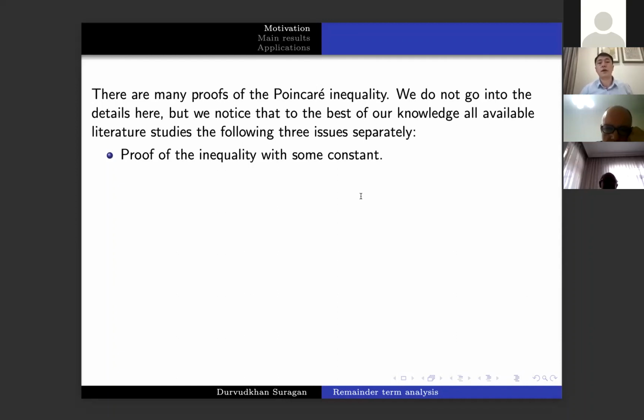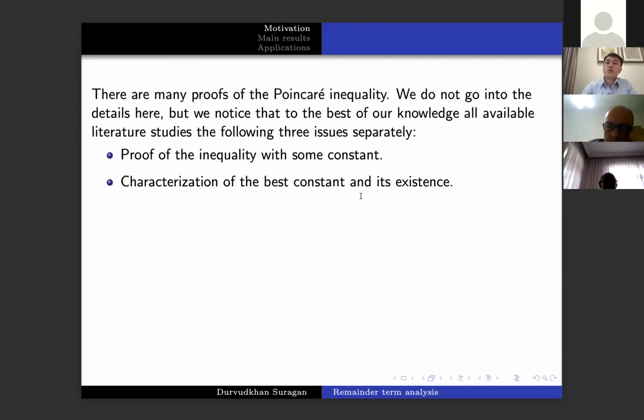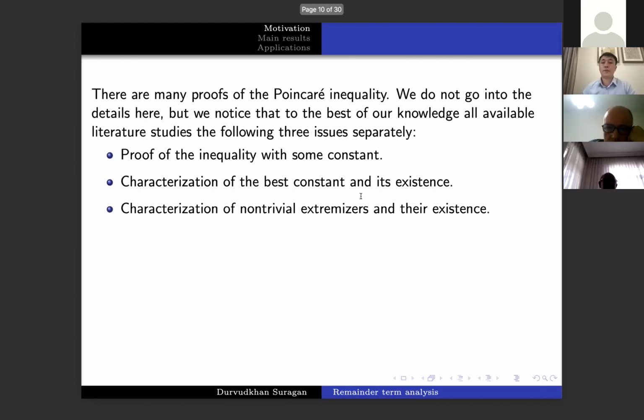Another important question is the characterization of the best constant and its existence. That's the question we started with about the L^p Poincare inequality. The third important question is the characterization of non-trivial extremizers and their existence. Now we are talking about the functions for which the best constant can be reached, or at least extremized.